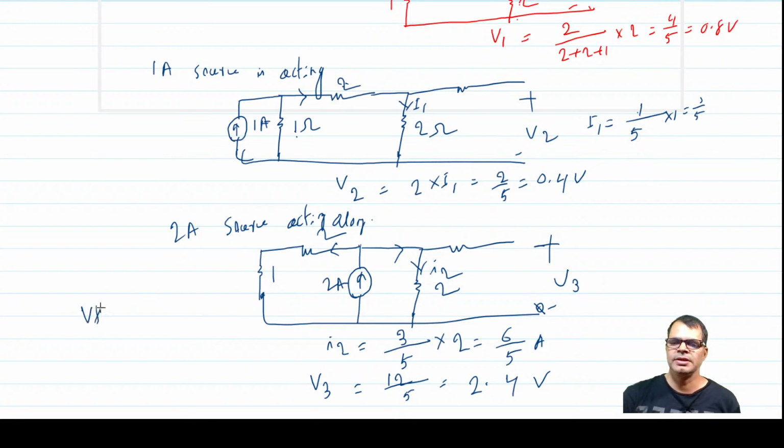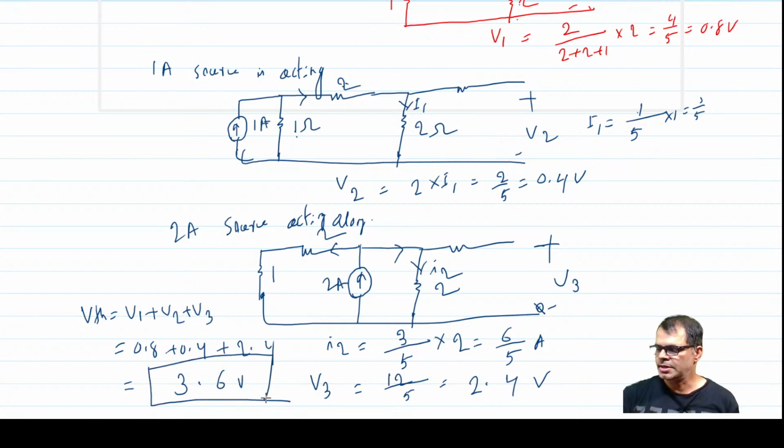So your VTH, when all three sources are acting, will be V1 plus V2 plus V3, that is 0.8 plus 0.4 plus 2.4, so that will give you 3.6 volt. This is the correct answer.